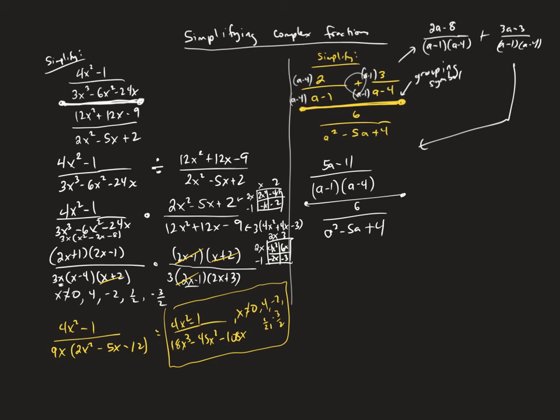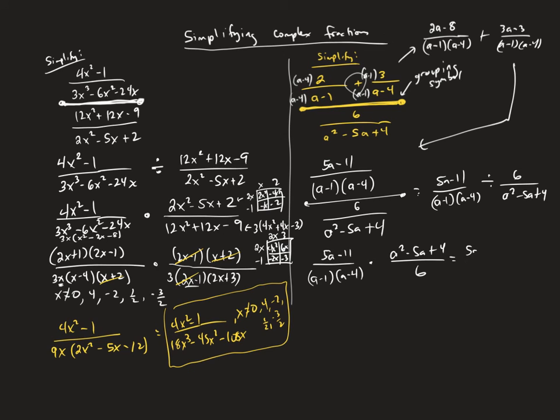So now this problem looks like the one we did at first. We're going to rewrite it as a division problem. Then we're going to same switch flip. Then we're going to factor to simplify.